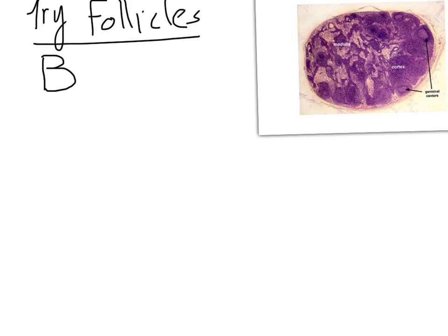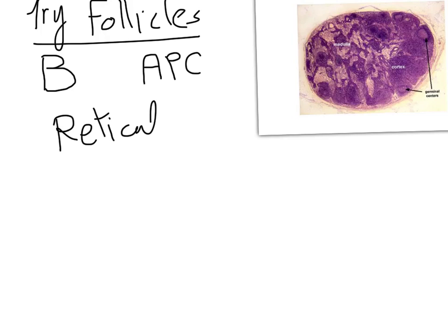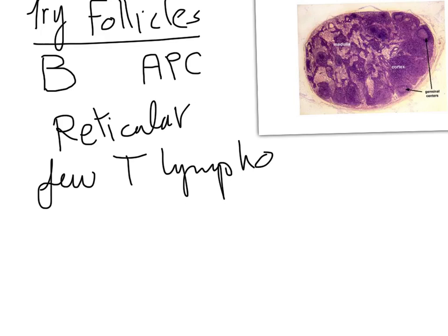With the B lymphocytes you have the antigen presenting cells like the macrophage, and you have reticular cells forming the reticulum of the stroma, and you have of course few T lymphocytes. So this is the primary follicle.